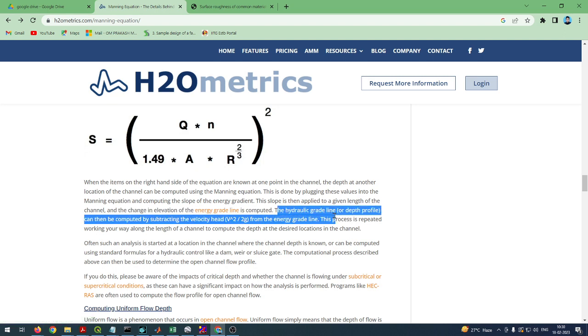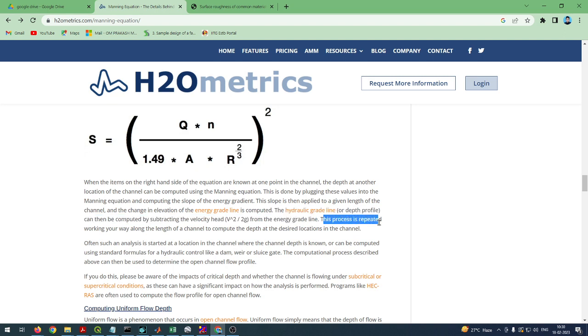The hydraulic gradient line depth profile can be computed by subtracting the velocity head from the energy gradient line, and this process is repeated, working your way along the length of the channel to compute the depth at the desired location of the channel.